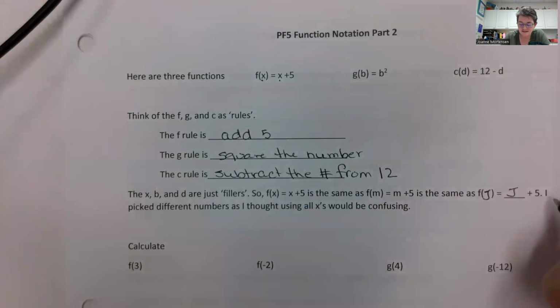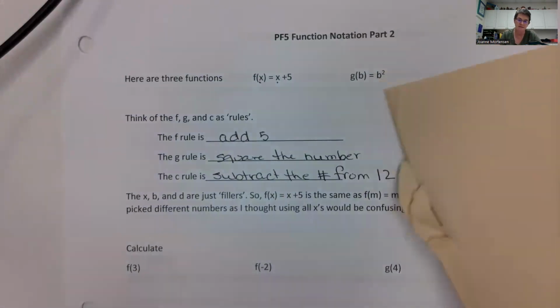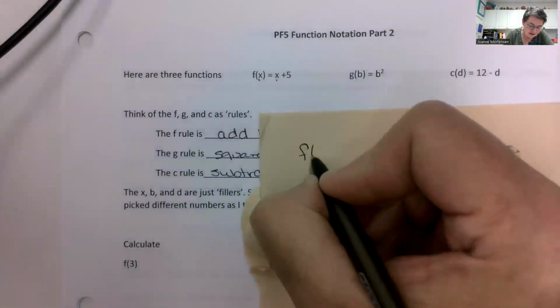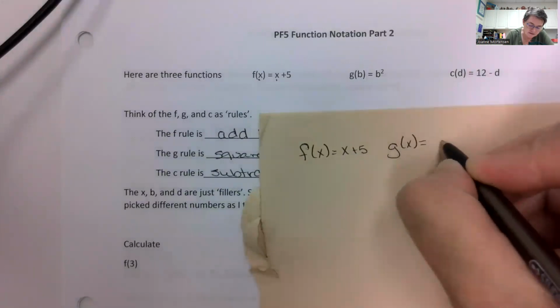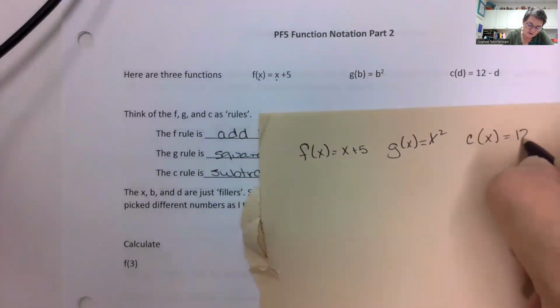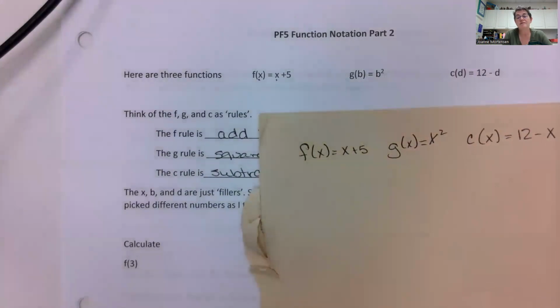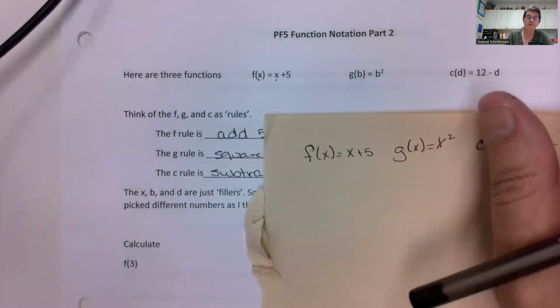I picked different letters because if I wrote f of x is equal to x plus 5, and g of x is equal to x squared, and c of x is equal to 12 minus x, I worry that people would try to take this one and put it into that one, and we don't want to do that. So that's why you pick different letters.